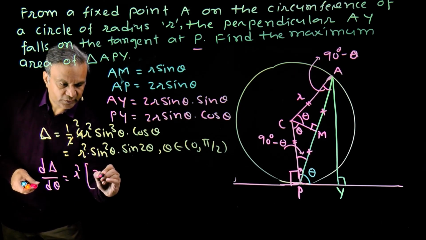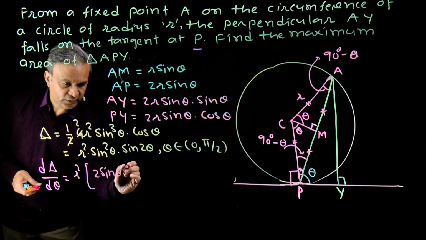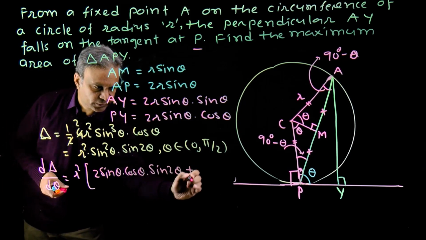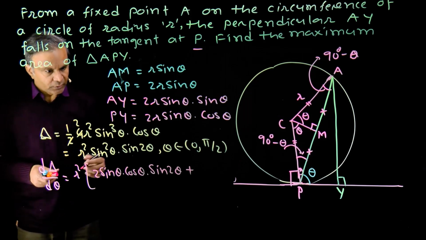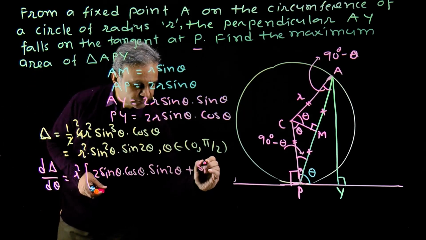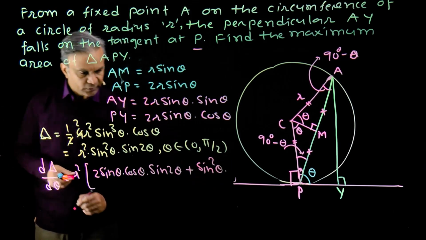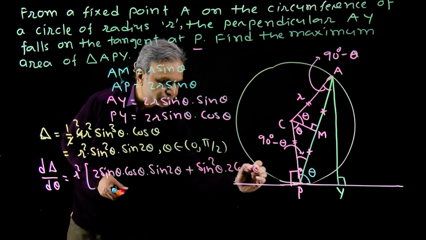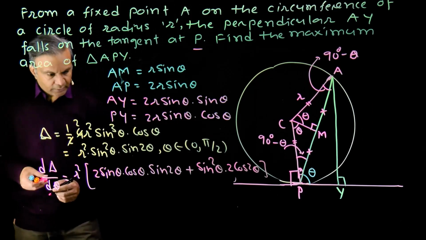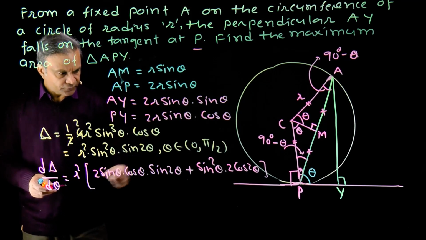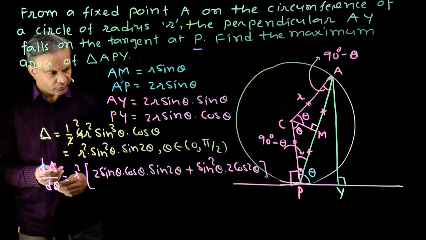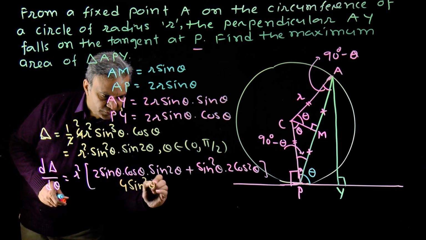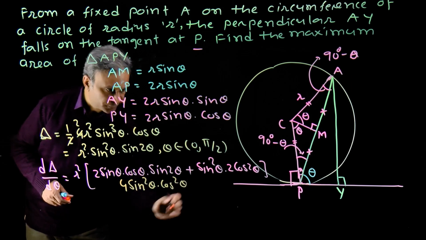Derivative of sine square theta is 2 sine theta cos theta multiplied by sine 2 theta plus sine square theta multiplied by the derivative of sine 2 theta, which is 2 cos 2 theta. Now we simplify this. Sine 2 theta is 2 sine theta cos theta. So this is 4 sine square theta cos square theta.